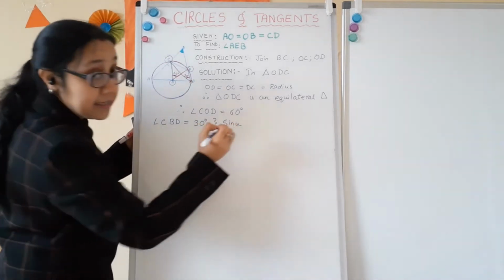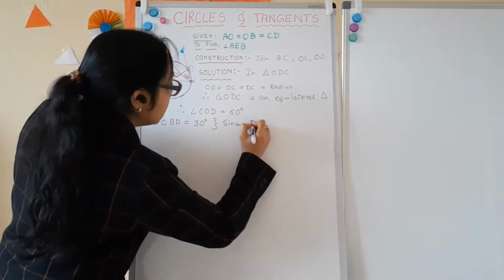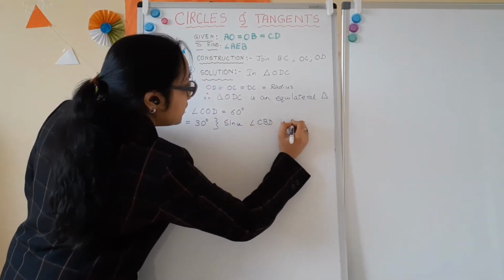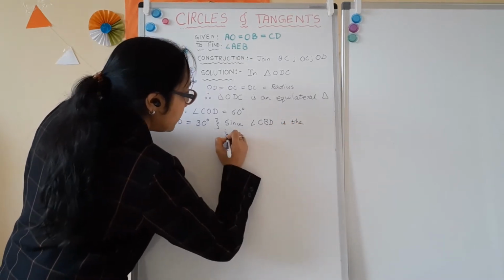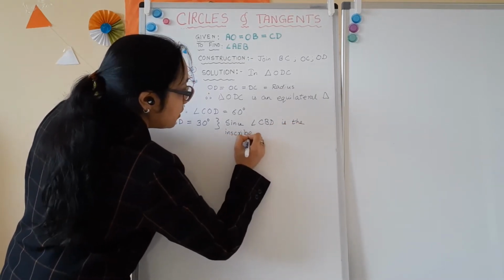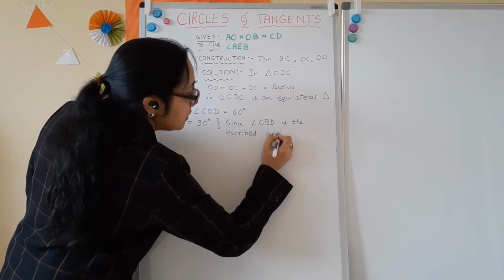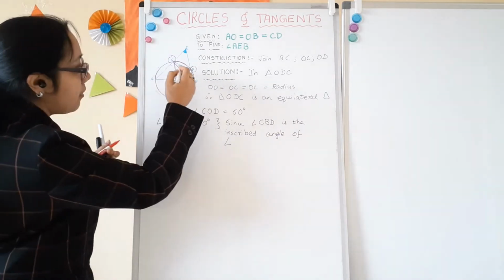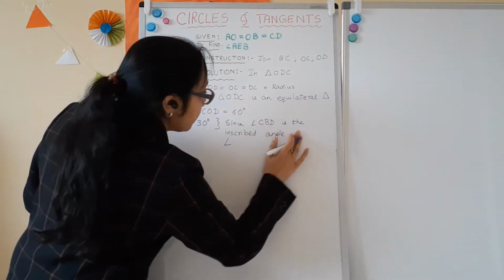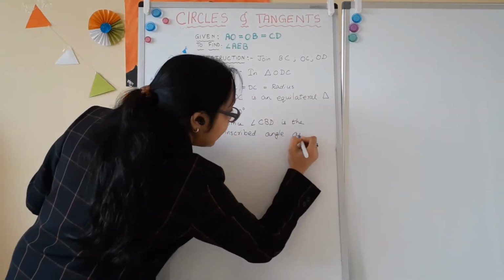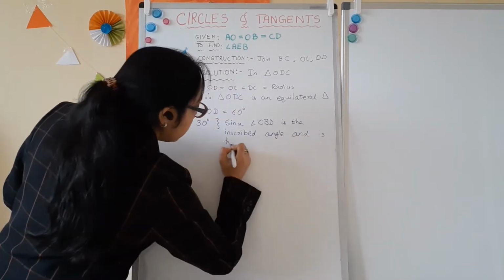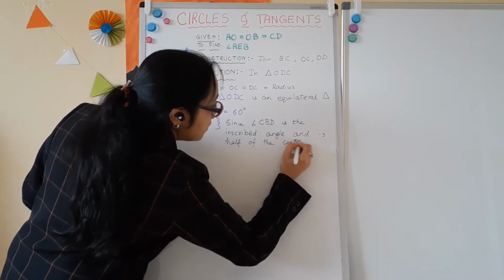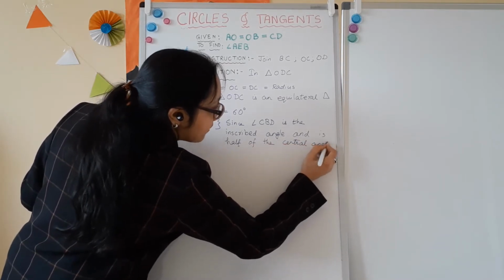Since angle CBD is the inscribed angle of the circle and is half of the central angle, and what is the central angle?